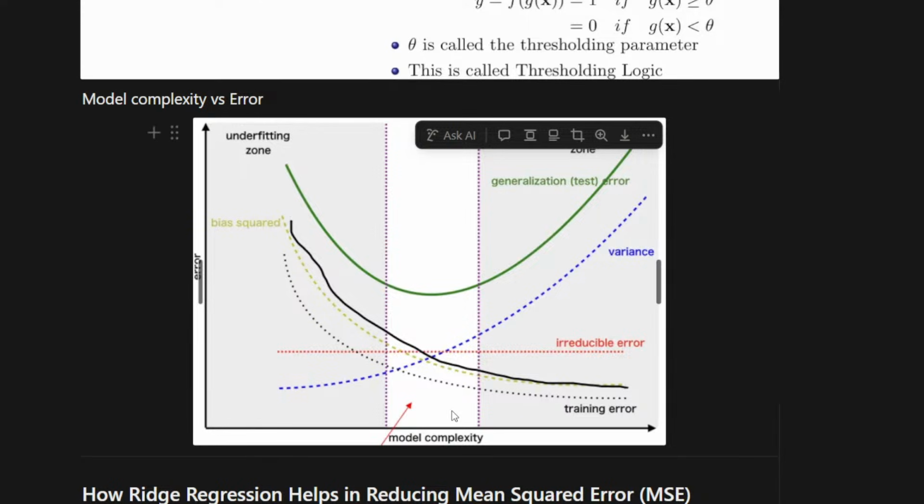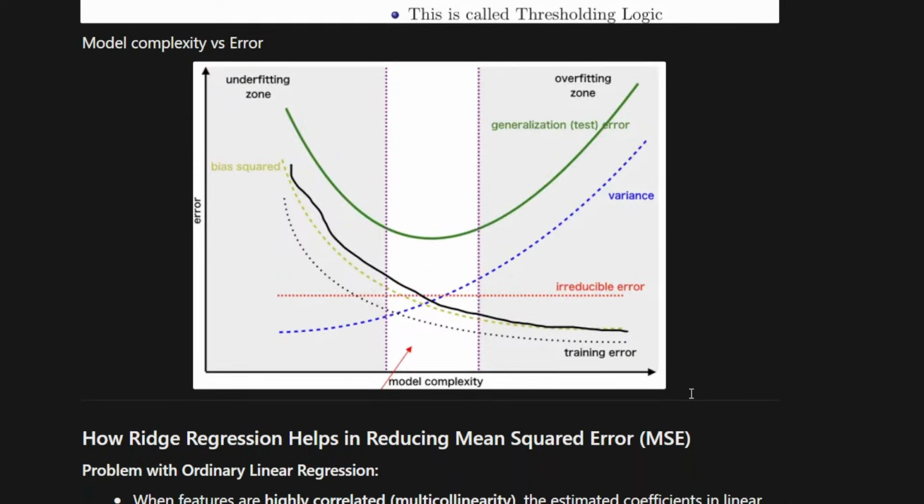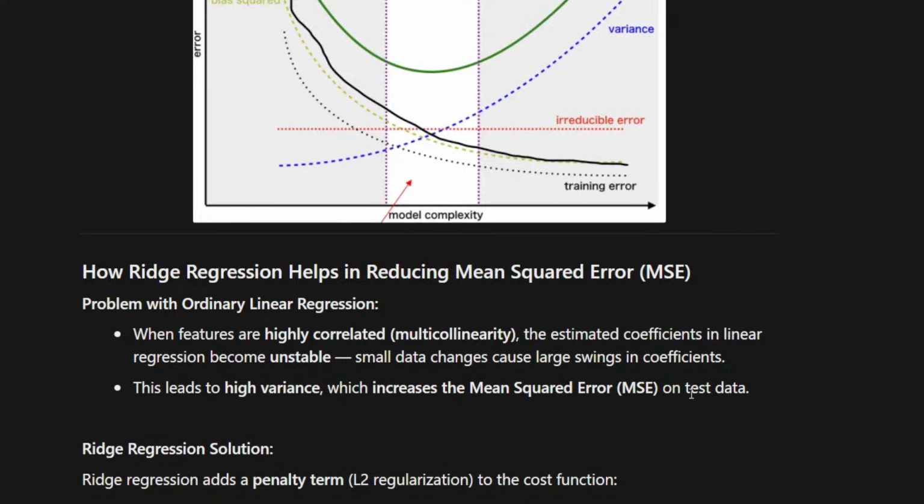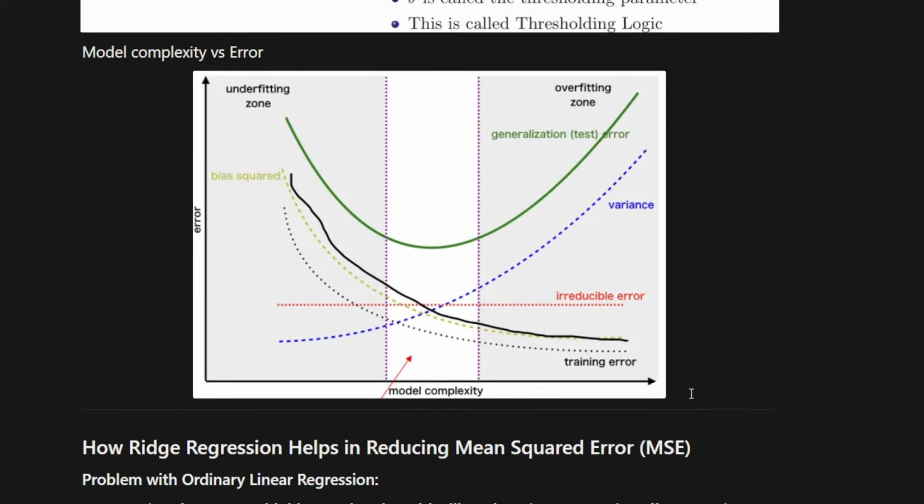Such a zone is this zone. Yeah, that is it. So you have to draw this graph and then explain underfitting and overfitting, and then finding a balance between the bias and variance. That is all that is expected from you in this question.